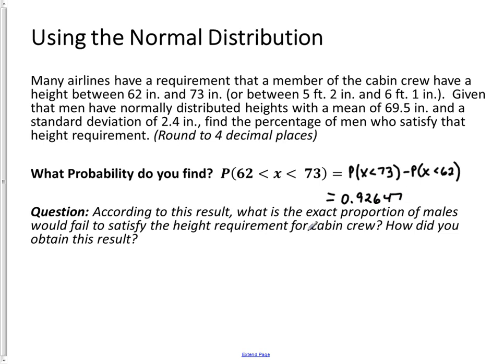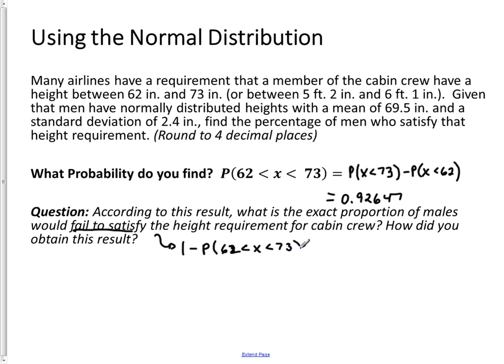So according to this result, what's the exact proportion of males that would fail to satisfy the requirement? Well, if 100% of males fall into this category, then we're going to take 1 minus that to find the ones who don't. This is the 62, and this is the 73 over here.